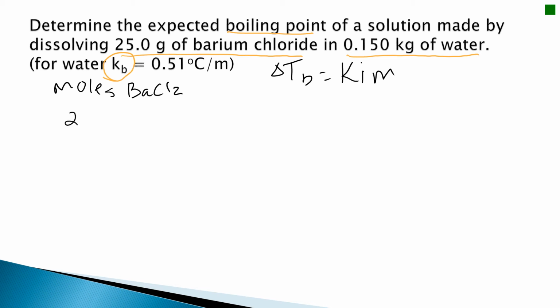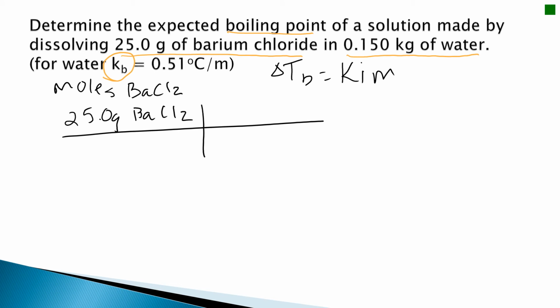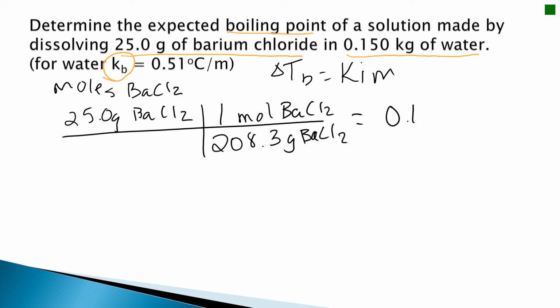You start off with 25 grams of barium chloride, and you need to go to moles, and to do that, use its molar mass, which is 208.3. Multiply that out, you get 0.120 moles of barium chloride. Now I need to figure out the molality.